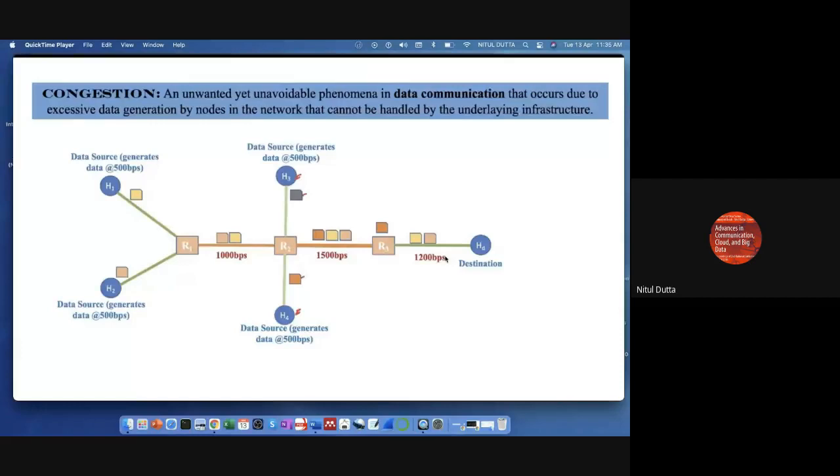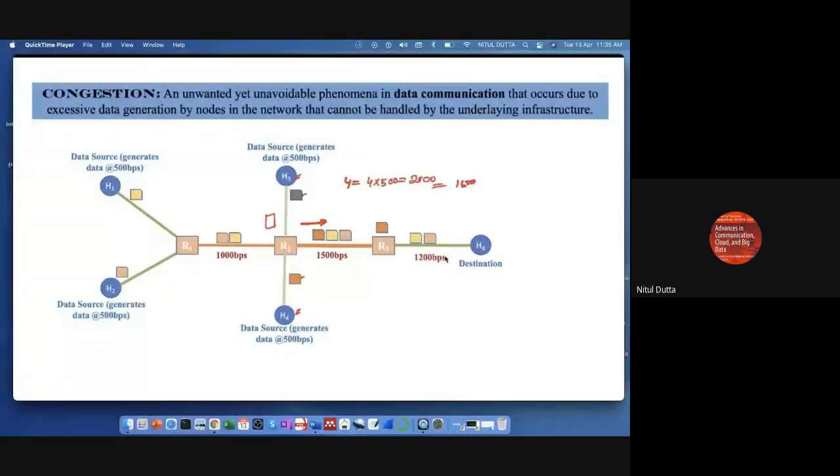These four packets, when they reach router R2, have to be forwarded towards R3. There are four packets in total, where the size is 4 into 500, which equals 2000. However, the transmission link connecting R2 and R3 is only 1500 bits per second.